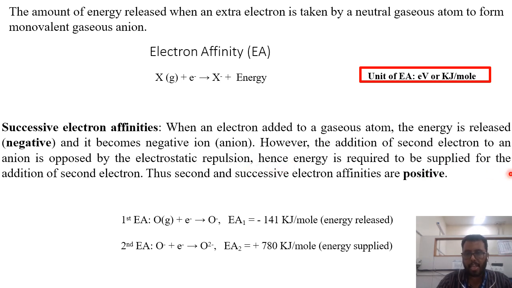Hence, the energy required for the addition of a second electron will be higher. Second and successive electron affinities are positive. First one will be negative, second and the successive ones are positive. For example, first electron affinity value EA1 for oxygen to oxygen anion is minus 141, whereas second electron affinity value is positive. The reason we already discussed.